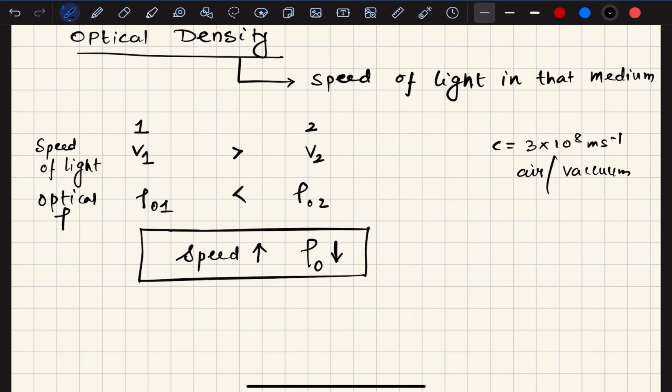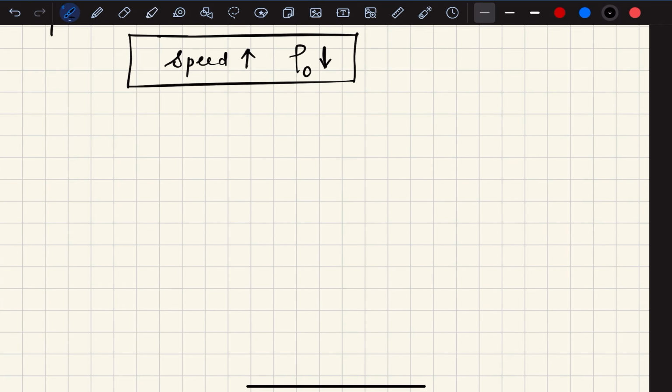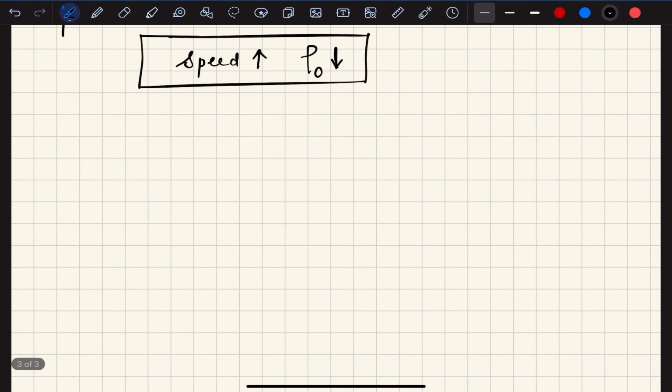Okay, so whenever the speed, now please write this down very carefully. Suppose speed of light in medium 1 is more than speed of light in medium 2. That means which is more optically denser? Wherever the speed is less, it is optically denser.